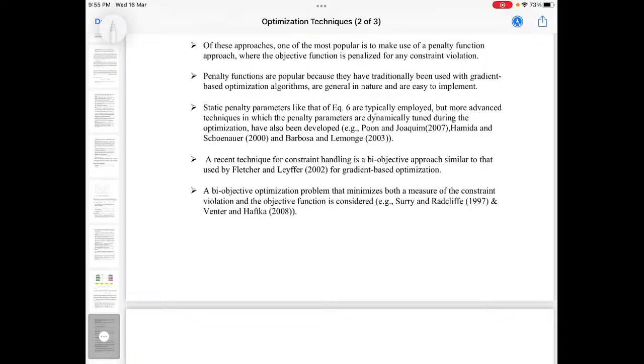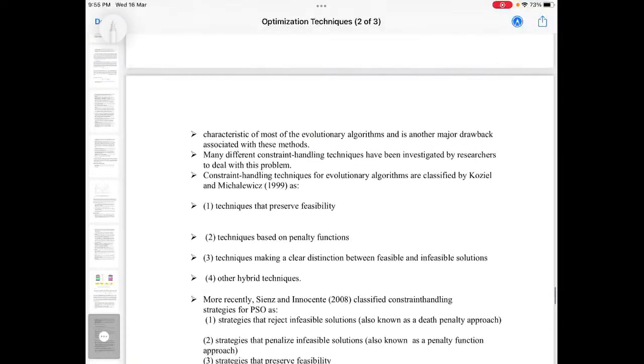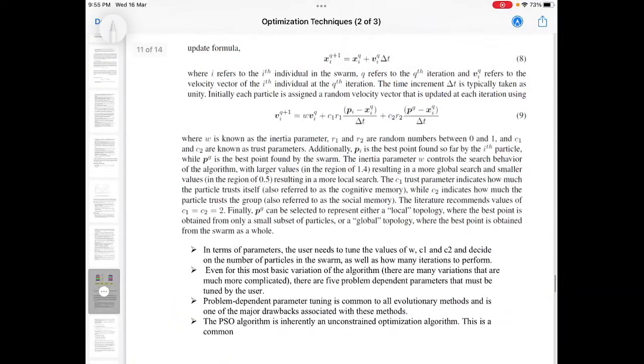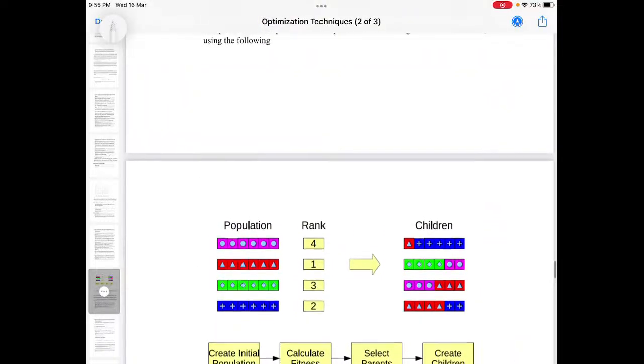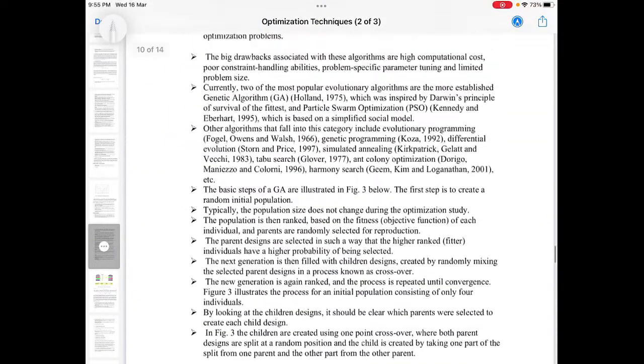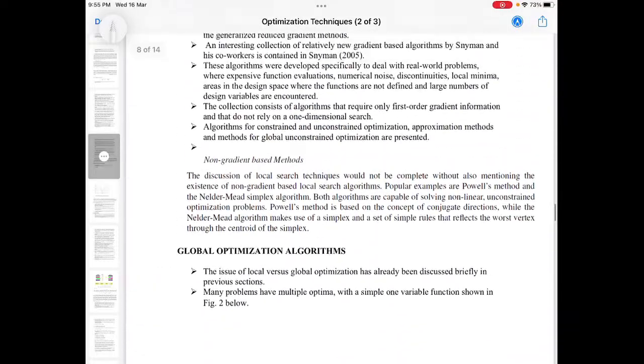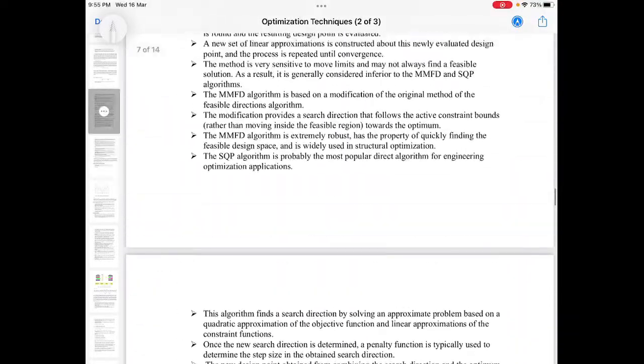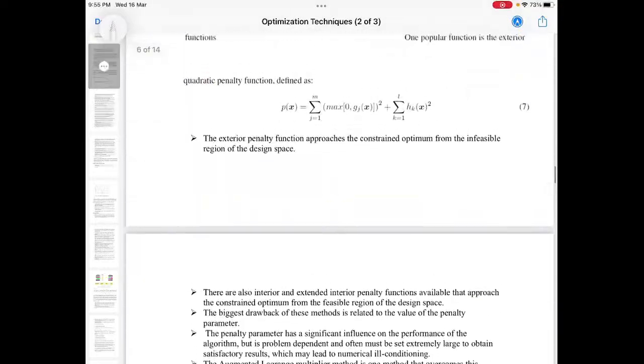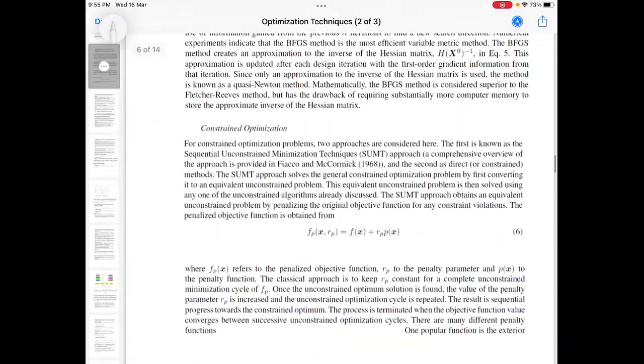So as you can see in equation number 6, here we use the penalty parameters. Let us revisit equation number 6. Yes, this is equation number 6, and here you use the penalty function p of x.